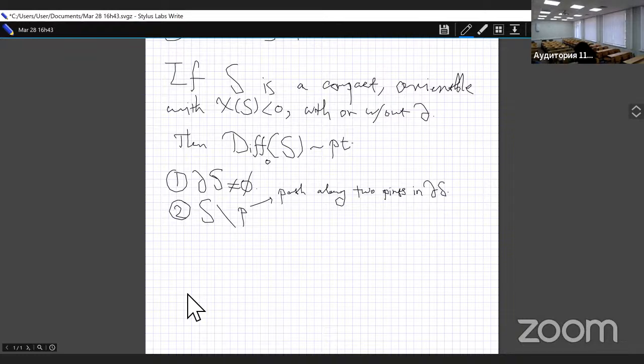So S minus the path between any 2 points. There must be more restrictions, but I will explain that when proving this. Just to get the idea, not any path, but some path that more precisely doesn't make S disconnected.